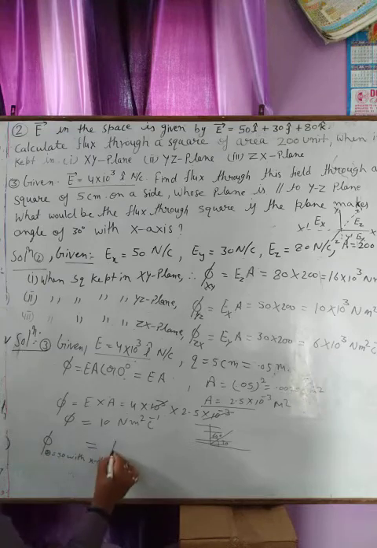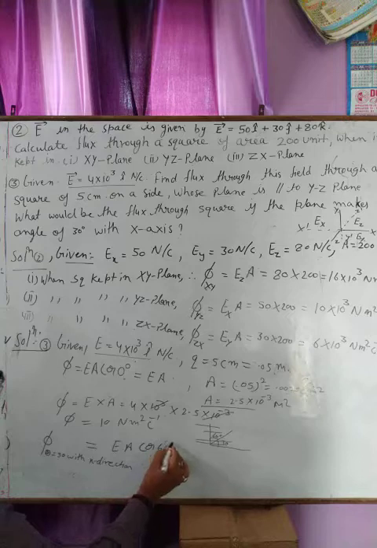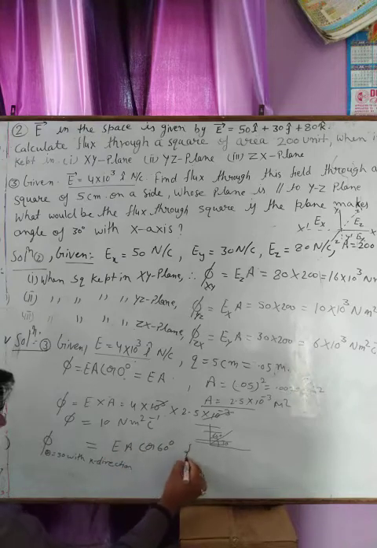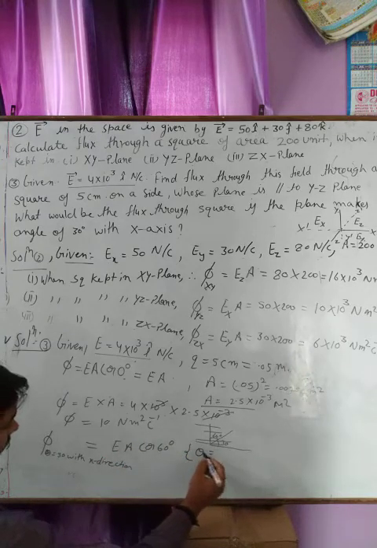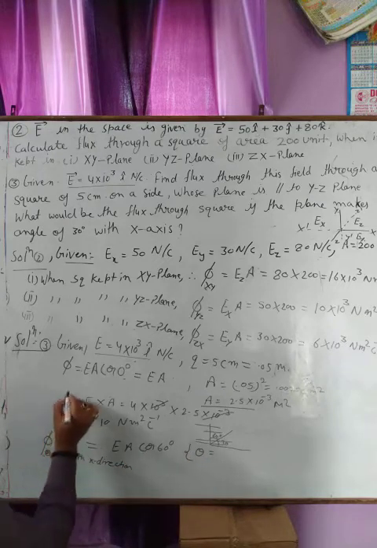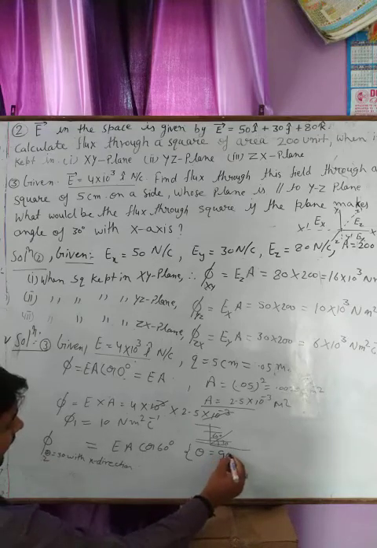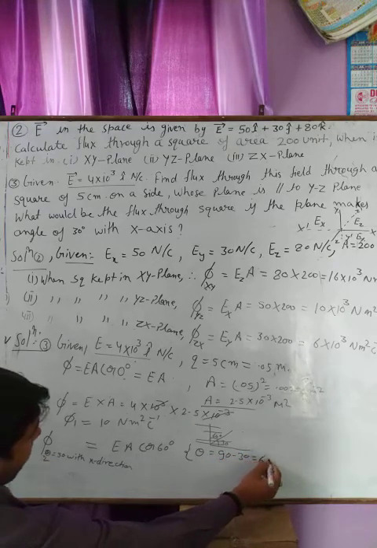is given by E A cos 60 degree, because theta is equal to, this will be called theta 1 and this is theta 2. Theta is equal to 90 minus 30, we get 60 degree.